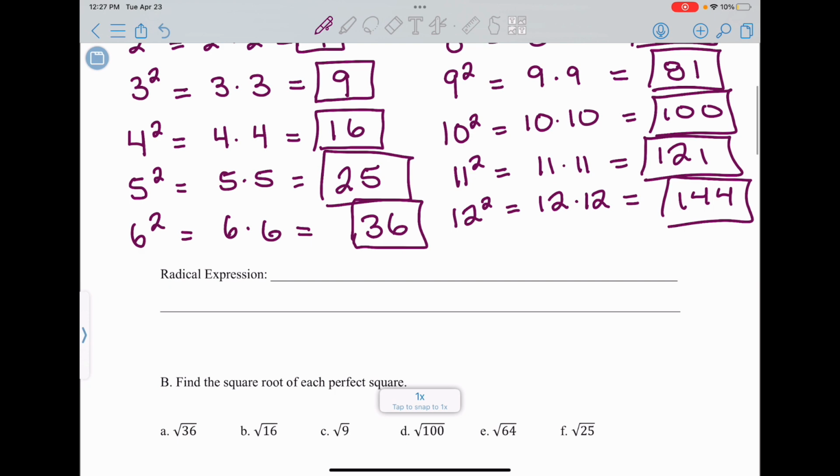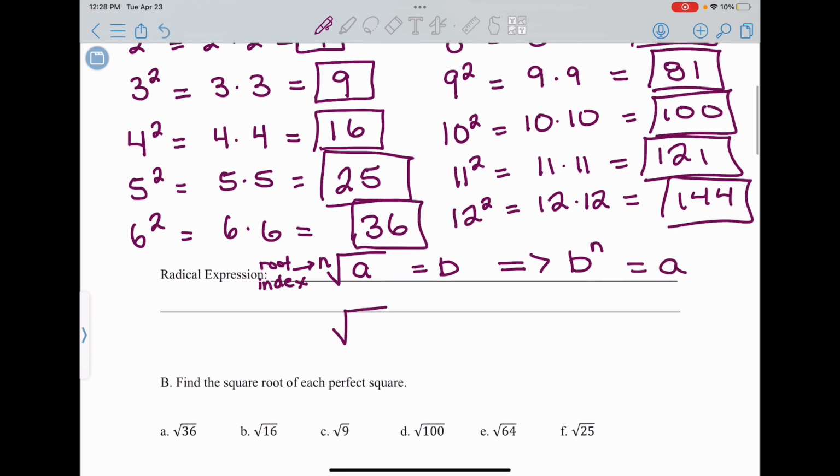The reason we want to have our perfect squares memorized is because we are going to start to talk about radical expressions. A radical expression we've seen before. A radical is the opposite of an exponent. So this n out here is known as my root index. And if I were to rewrite this, this is asking for what exponent n for b will I get a.